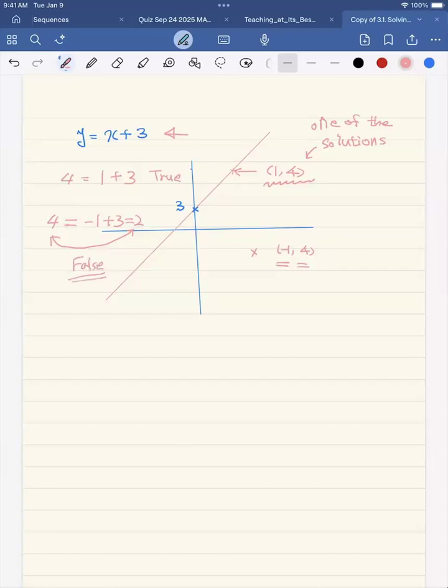That means this is not a solution. That implies whatever points are on this straight line, all of those points are the solution set of this linear equation.